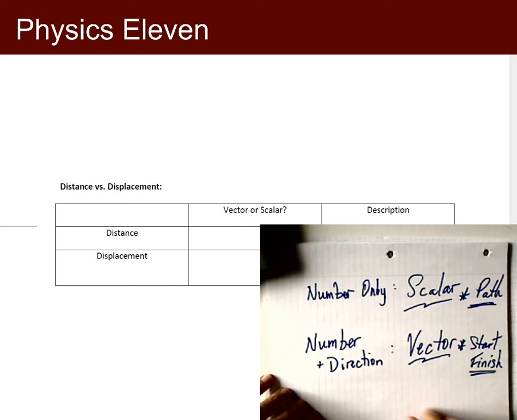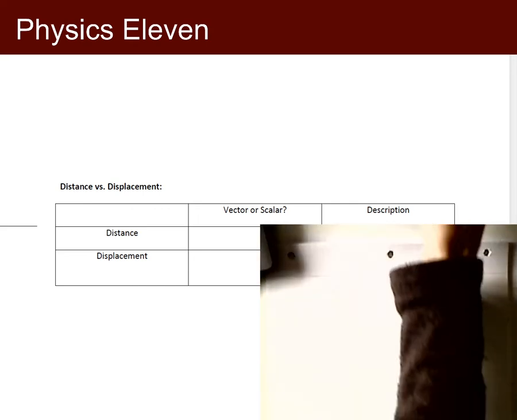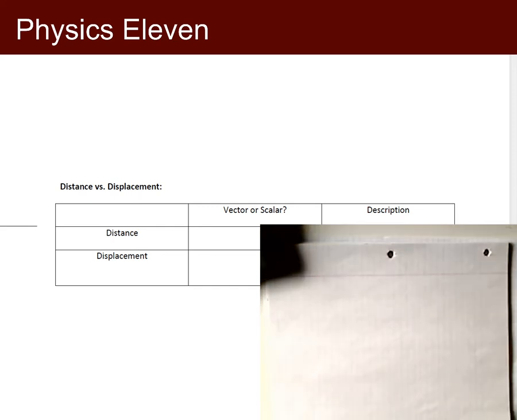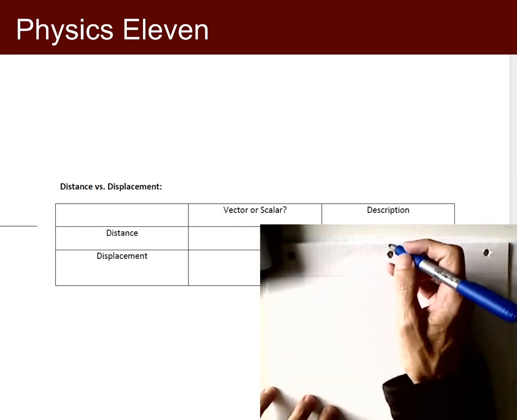Displacement, the vector, start, finish. All right. So hopefully with these bits of information, it is enough to get you started on the next part of the path towards the physics we are doing.